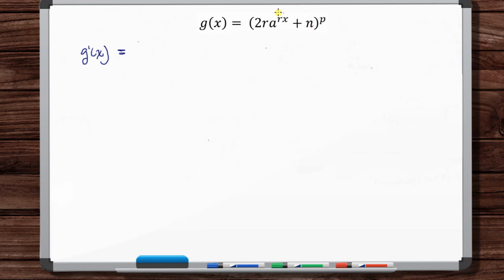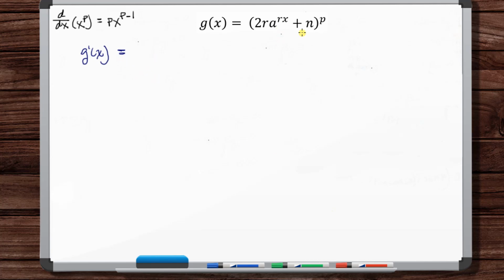We've got something to the p power, right? This is a little different because p is a constant. So dx of x to the p, you know this, is px to the p minus 1, right?